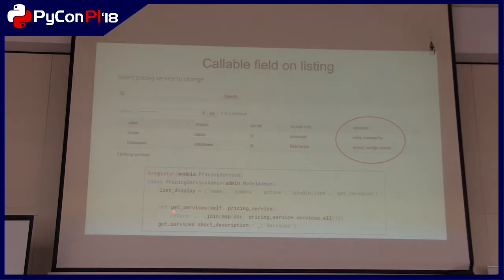And we have a callable function called get_services, which takes our one object and returns the value which should be put into this particular cell of this object. We could of course specify the title of this column, how it should be ordered, and so on.